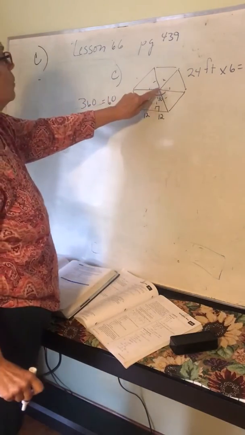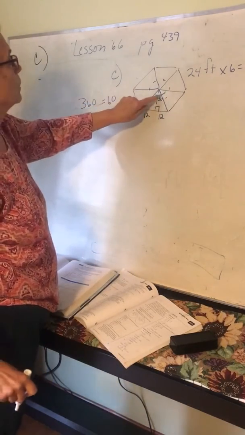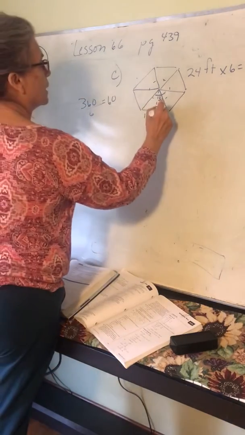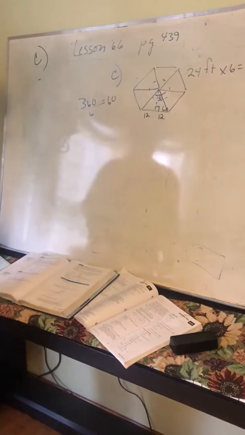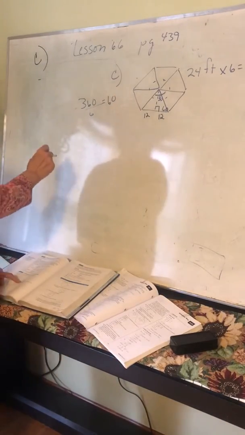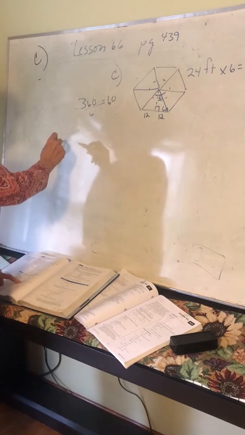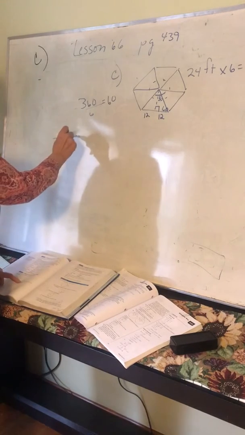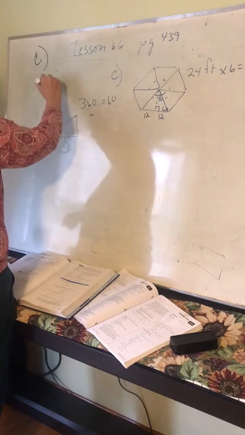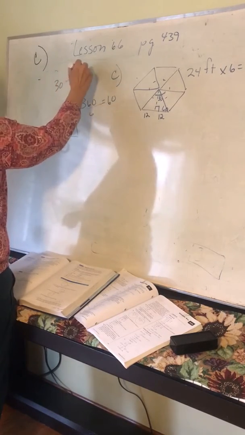So the whole angle will be 60, but this little triangle up here will be 30, and then we've got a 60 degree down here. So when we draw this, we have a 30, 60, 90 degree triangle.